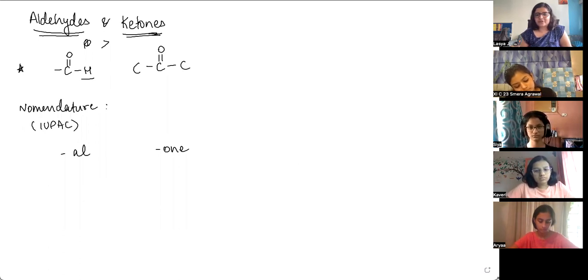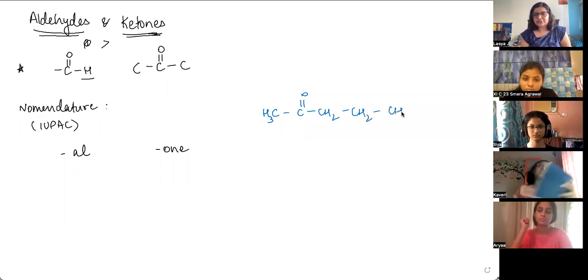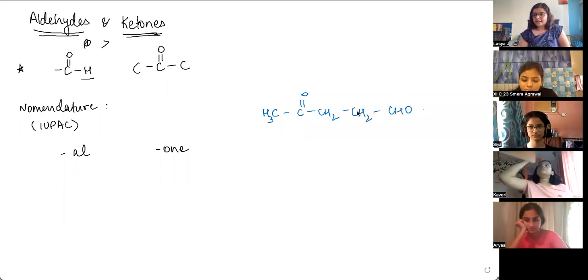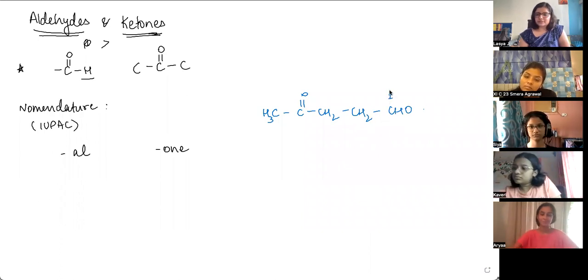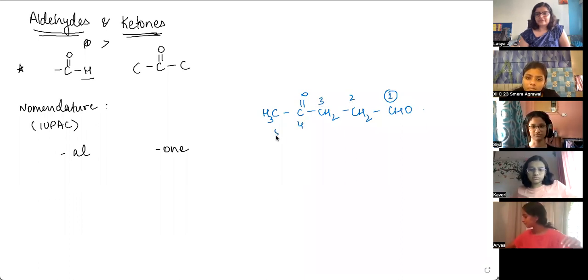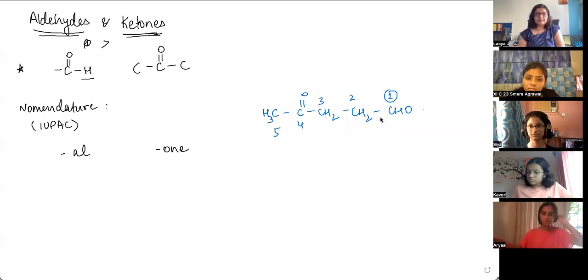So for example, if you have a structure like CH3, C double bond O, CH2, CH2, CHO. So aldehyde gets the higher priority. So this will always be carbon number 1, 2, 3, 4, 5. But how would you name the ketone? What would be the name of this particular compound?